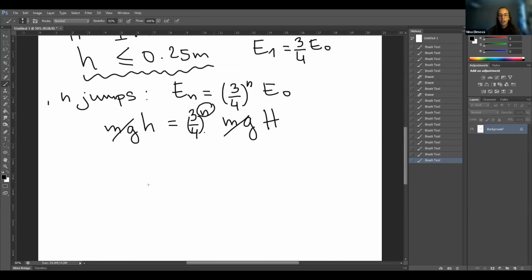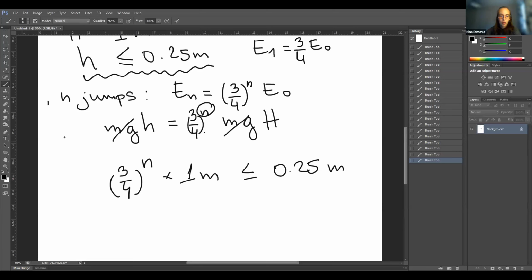So we're after n. So H, which is 3/4 to the power n times H, which now I'm going to substitute as 1 meter, times 1 meter is smaller or equal to 0.25 meters.